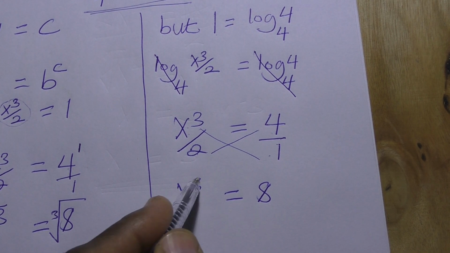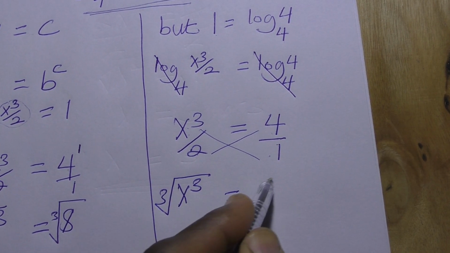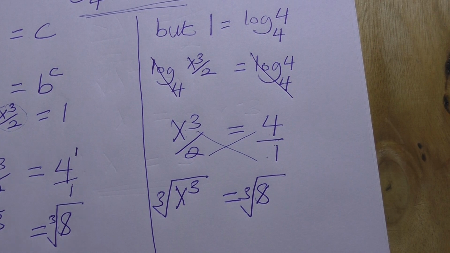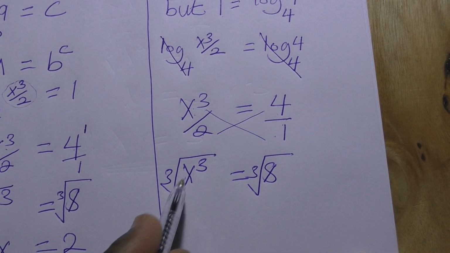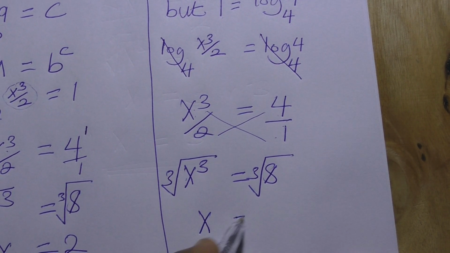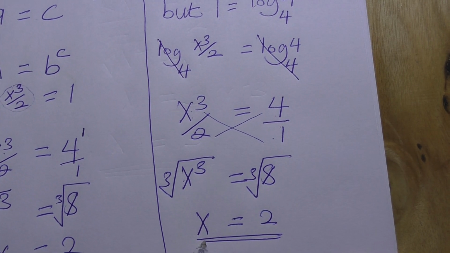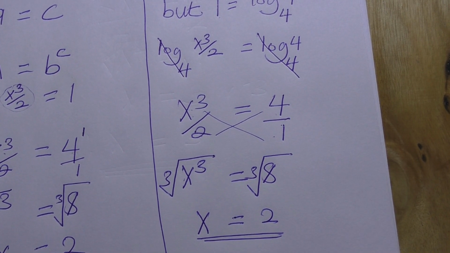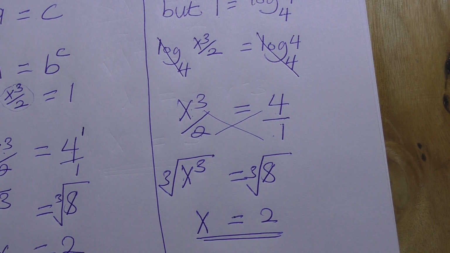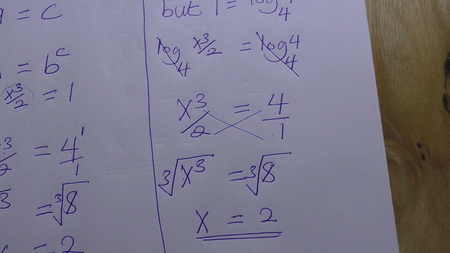After that we get the cube root of both sides, whereby we get x equaling 2. So those are the two alternatives of how we can solve such a problem.